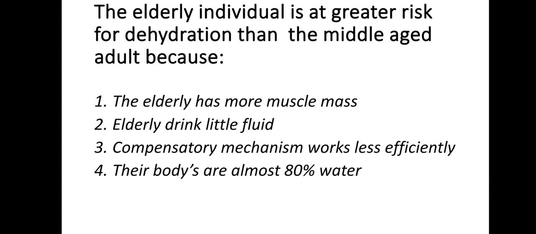Okay. Next question. The elderly individual is at greater risk for dehydration than the middle-aged adult. Because options: the elderly has more muscle mass. Second option, elderly drink little fluid. Third option, compensatory mechanism works less efficiently.